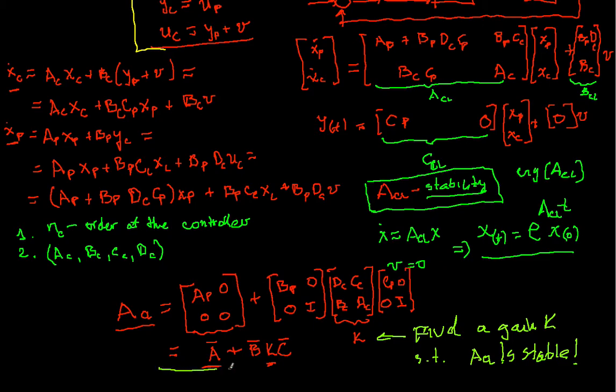This is very nice for understanding of synthesis of the regulator or controller design, which states how to choose this K gain matrix with a given plant AP, BP and CP, and therefore the controller order such that the closed loop system is stable.